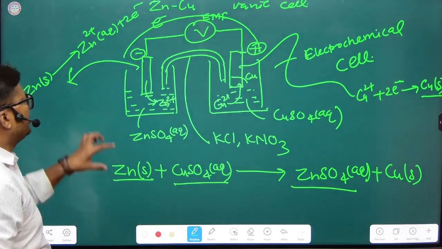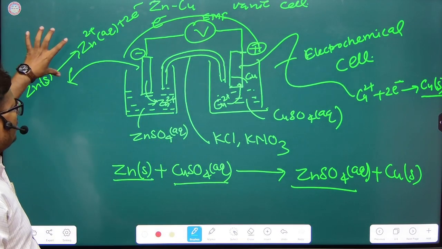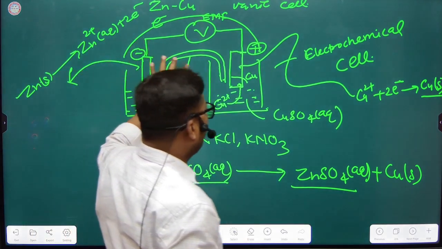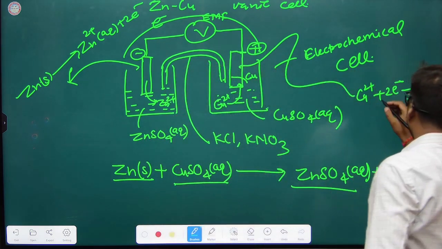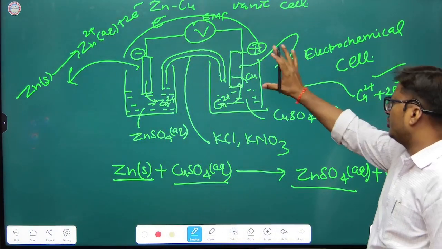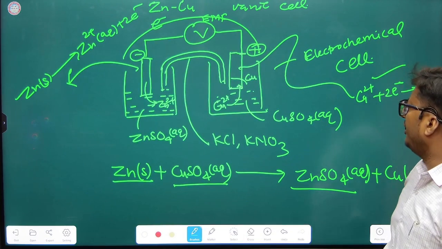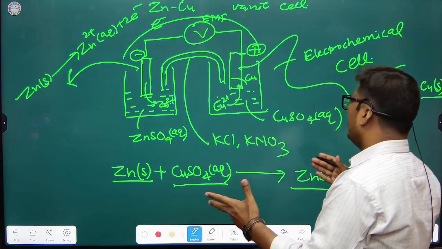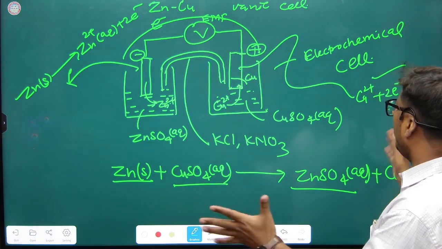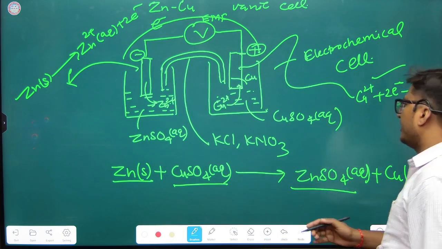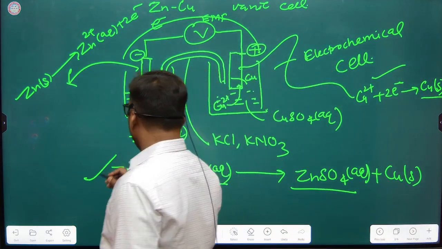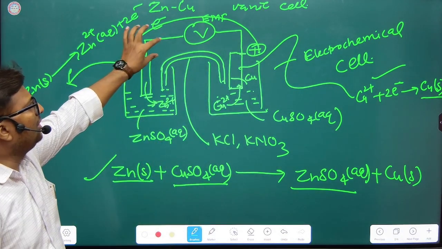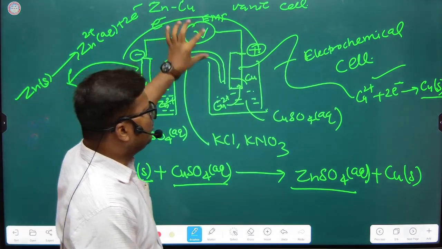If this half cell reaction occurs at the anode and this reaction occurs at the cathode, then these two half cell reactions, once combined, give the overall cell reaction, and then there will be a cell potential, and that cell potential can be measured by this voltmeter.